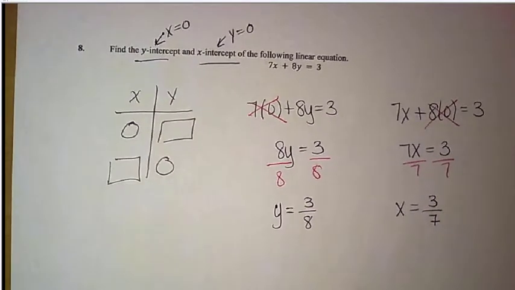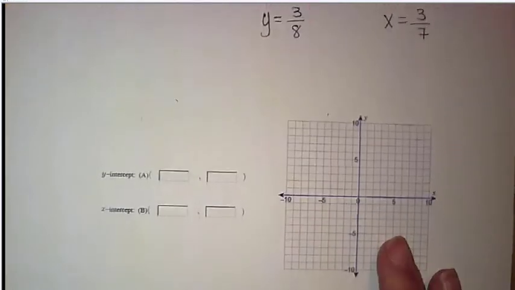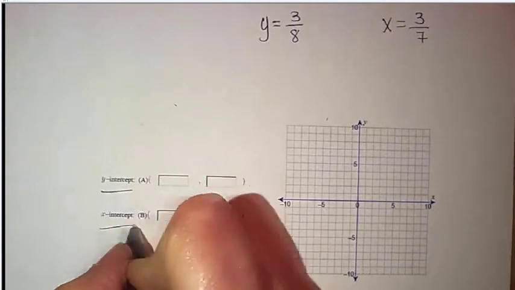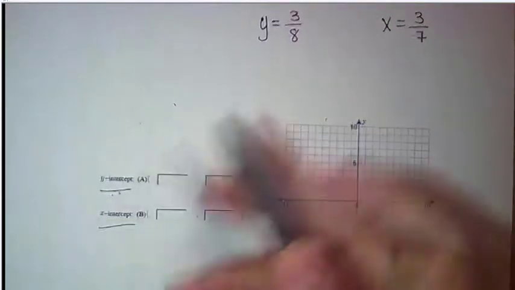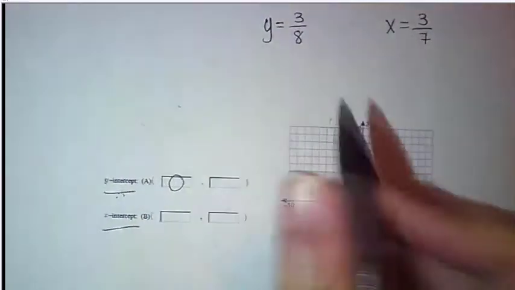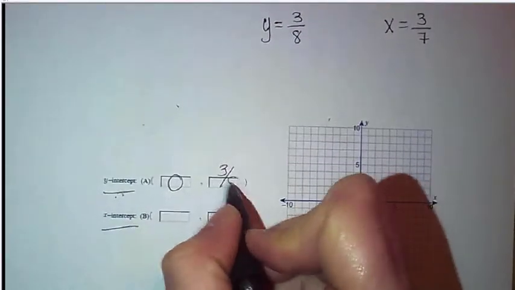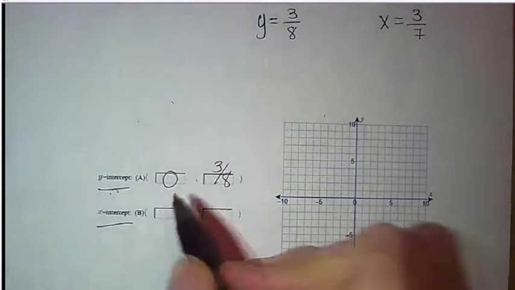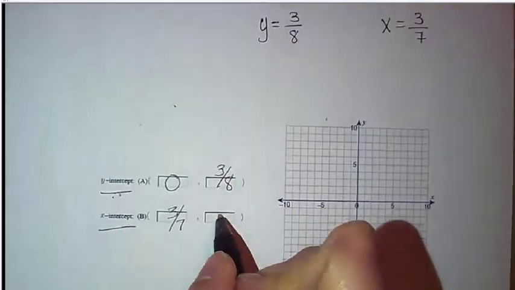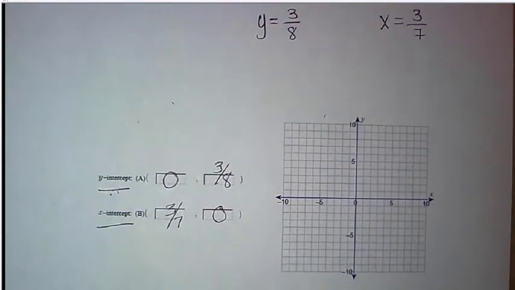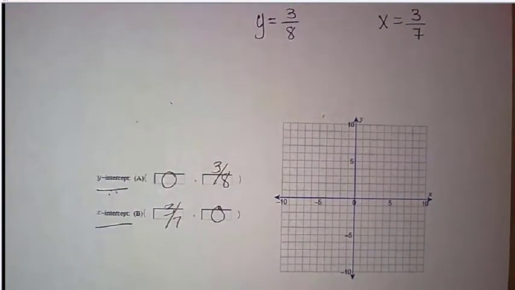So down here, when we put our answer in, again, remember to make sure you're looking at which one it wants you to put first. It is always going to list the y-intercept first, and that was the point 0 and 3/8. And then the other point we had was 3/7 and 0. This is going to be a little bit rough to graph just because we're looking at some pretty small fractions.